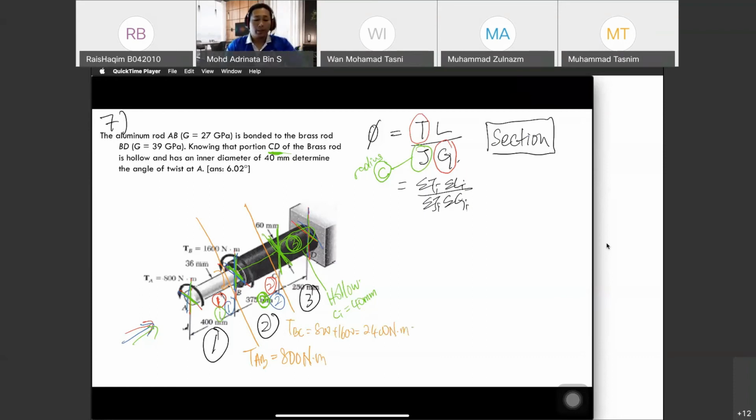Okay, dan tiada perubahan sampai ke CD, tapi bar BD, gunakan torque yang sama, iaitu TBC. Okay, yang beza adalah dia punya radius, hollow dekat bahagian CD. Okay, so kita buat one by one lah.